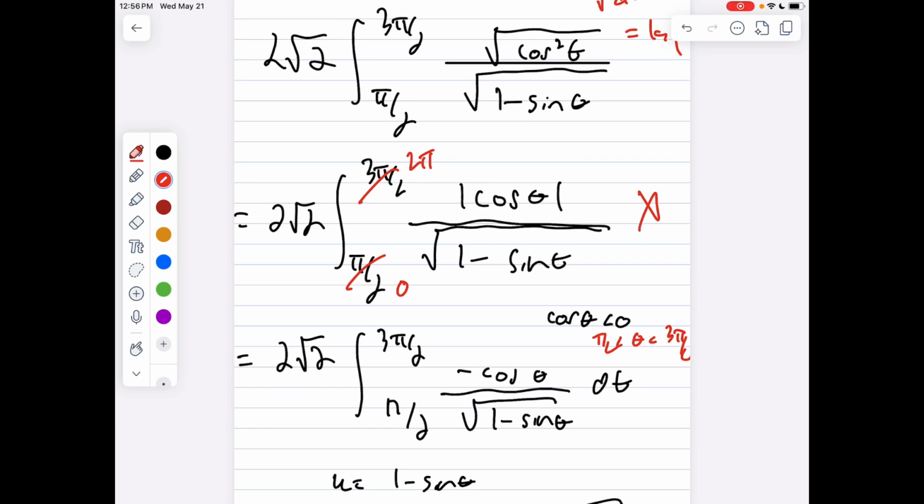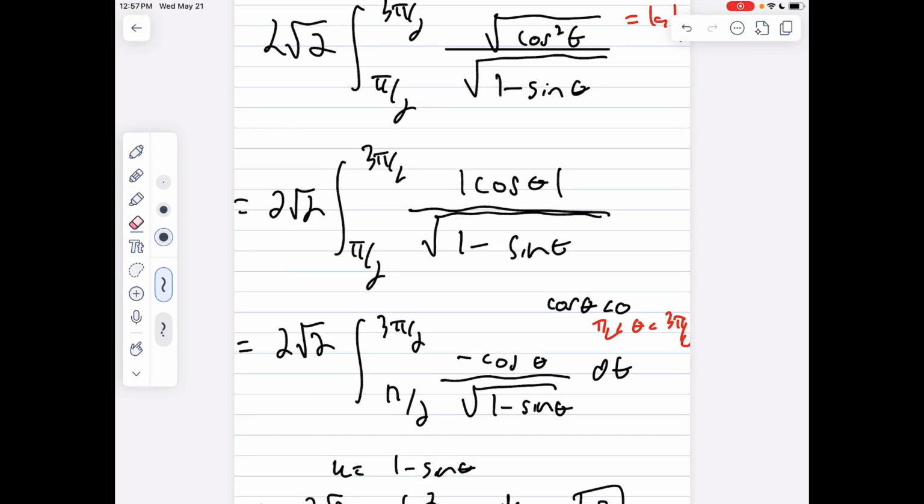From 0 to pi over 2, it's positive, so the absolute value just turns into cosine. From pi over 2 to 3 pi over 2, it's negative, so we'd have the negative. And last but not least, from 3 pi over 2 to 2 pi, it's positive again. That is the advantage. It saves work. Again, it's doable, but it would take some time because you'd have to compute the 3 integrals.